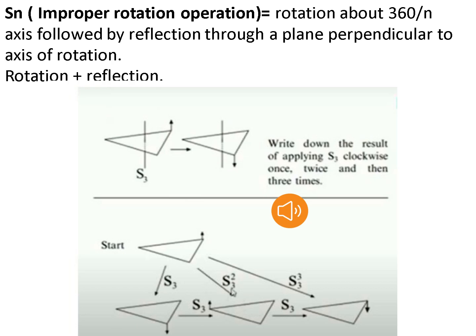If we apply S3 further, the structure will look like this, and if we apply S3 thrice, the arrow will go downward and the result would be this type of structure.